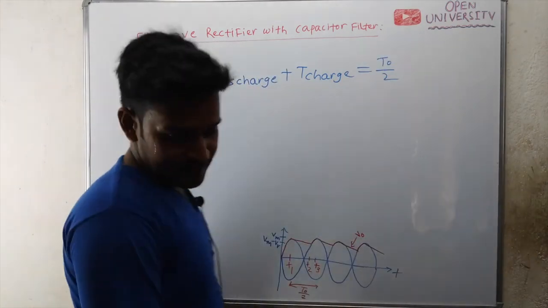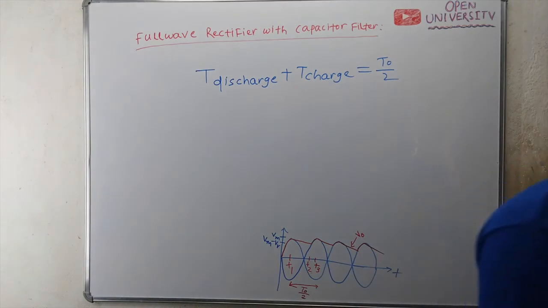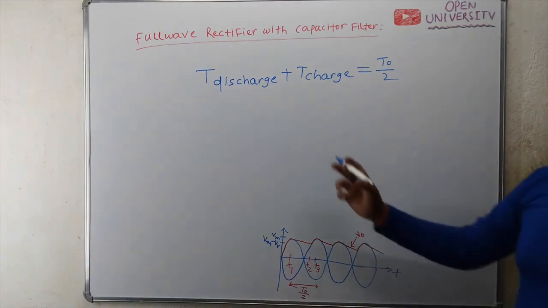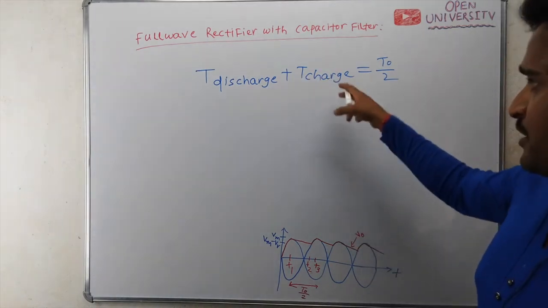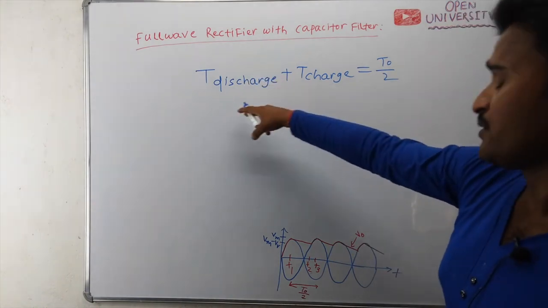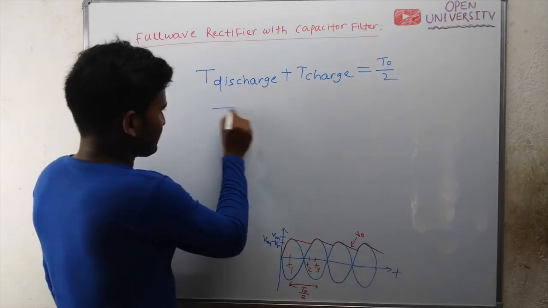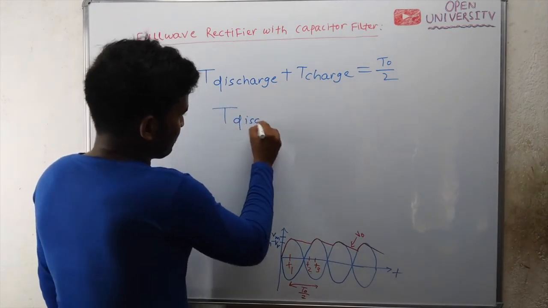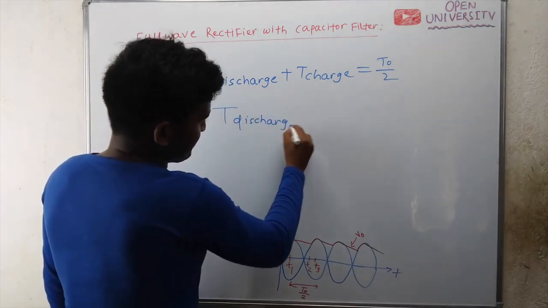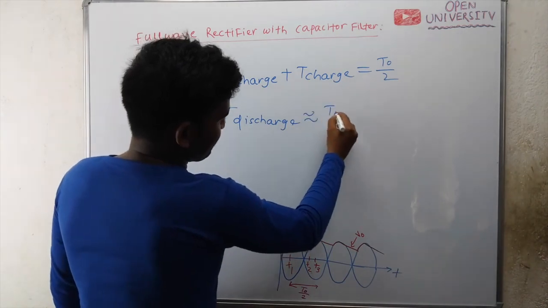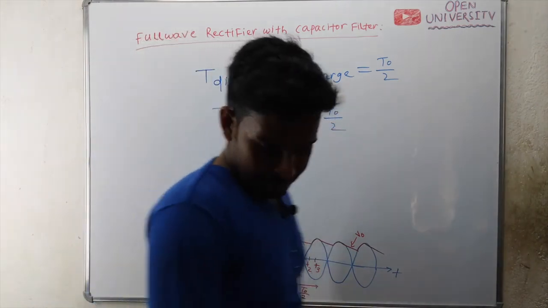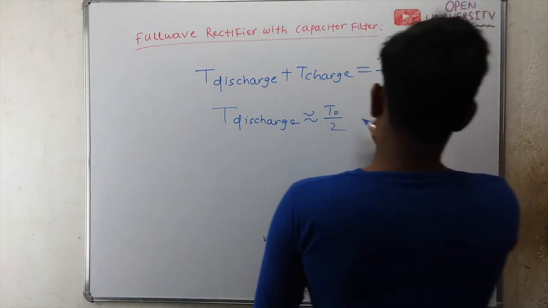But the charging interval is very small and the discharging interval is very large, so I can write T discharge is approximately equal to T0 by 2.